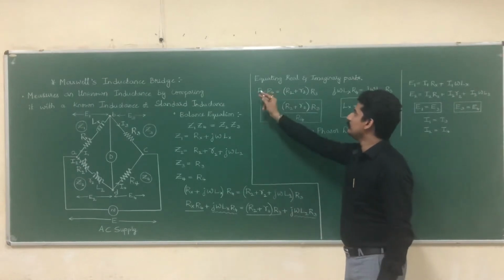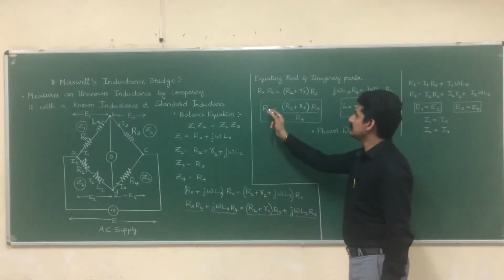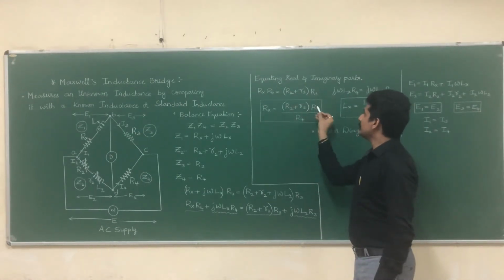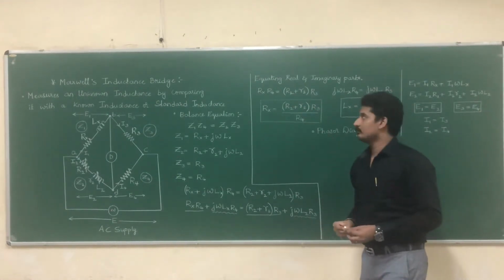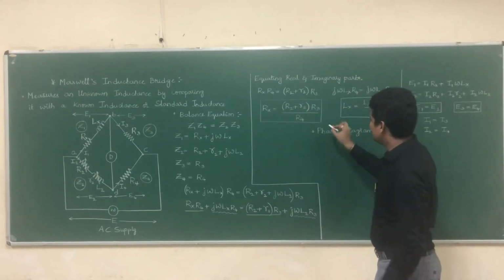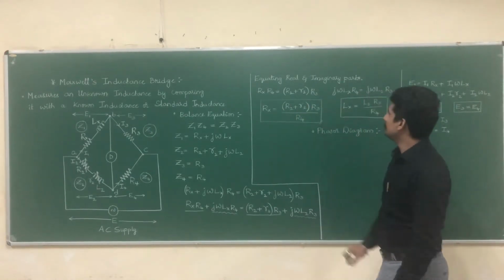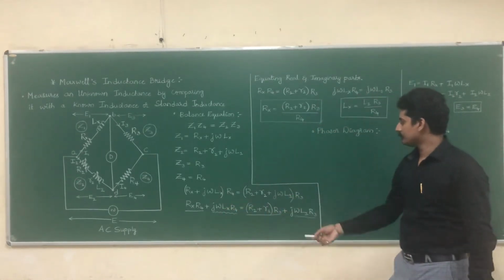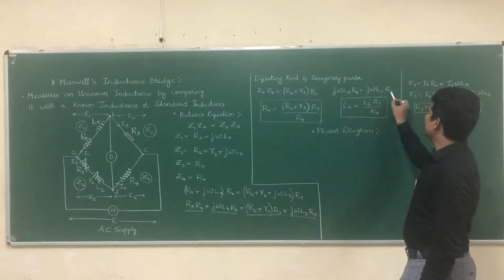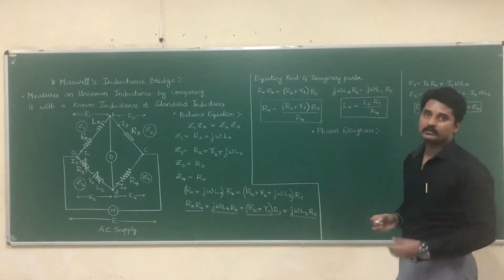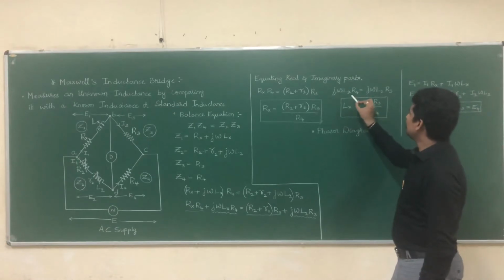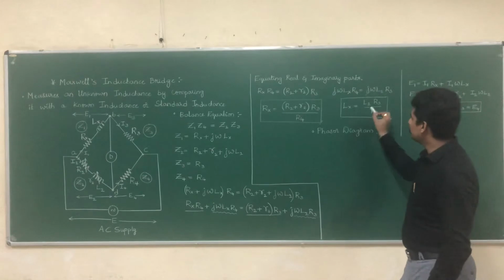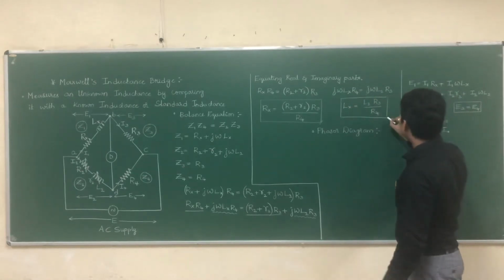I need the value of the unknown resistance Rx, so Rx equals (R2 plus r2) R3 divided by R4. Now if we equate imaginary parts, j omega Lx R4 equals j omega L2 R3. The j omega cancels, and Lx equals L2 R3 divided by R4. This is the value of the unknown inductance.